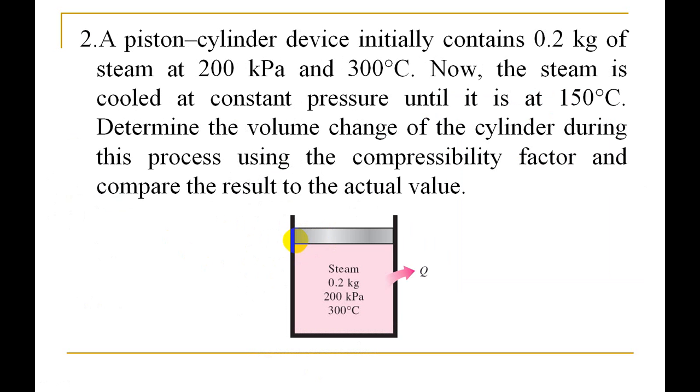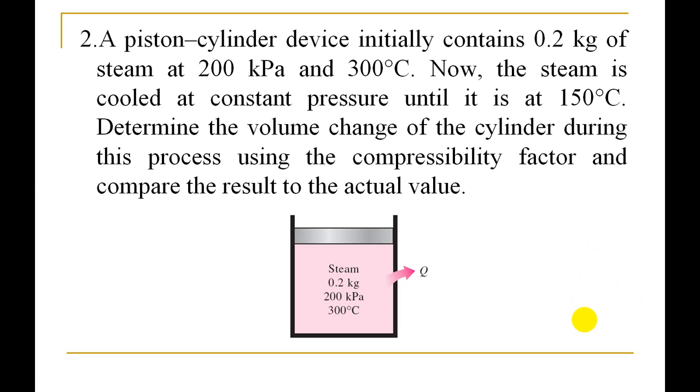Example 2. A piston cylinder device initially contains 0.2 kilogram of steam at 200 kilopascal and 300 degrees centigrade.